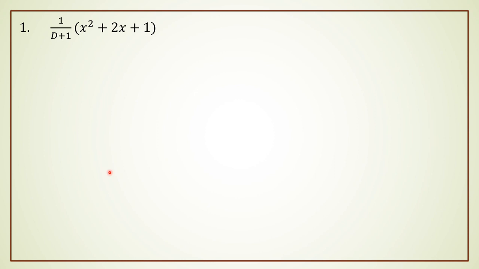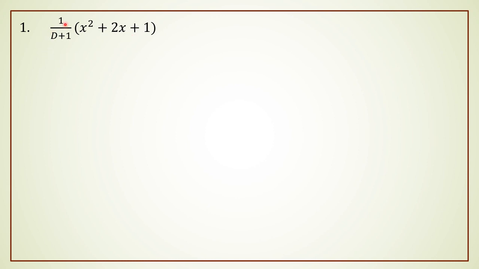Say suppose you have to find the particular integral of 1 by D plus 1 acting on x square plus 2x plus 1. Over here already the polynomial is written in the descending powers of x, isn't it?